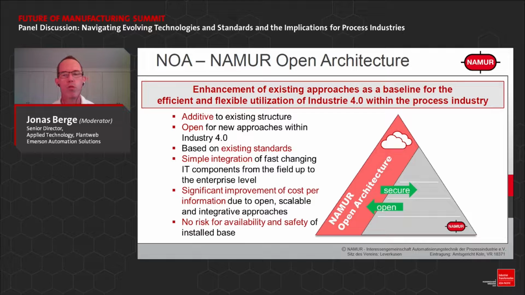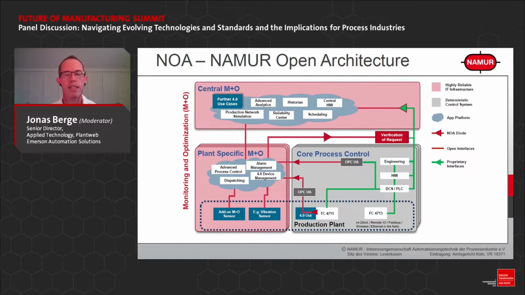And that's why the Namur Open Architecture was created. That's the pink sliver on the side there. That's where you can add additional sensors and additional software without disturbing the integrity of the DCS. So it's a very secure solution by having these as 2 separate security zones.